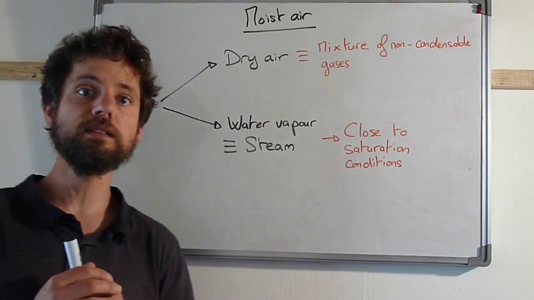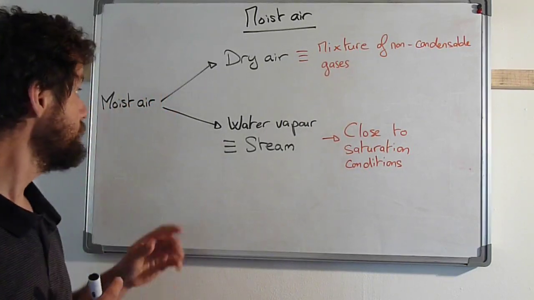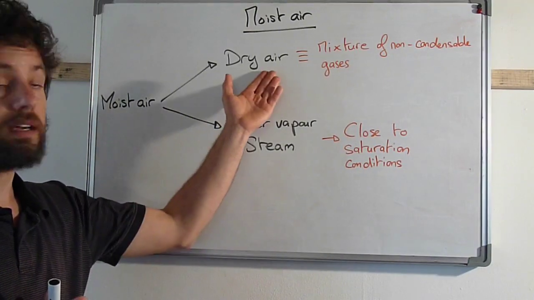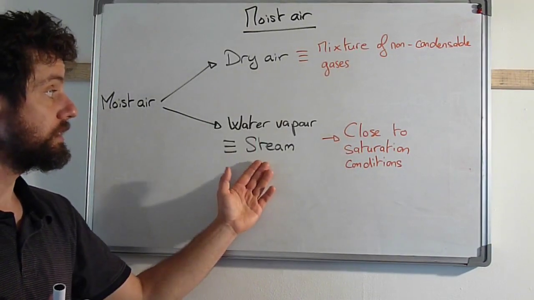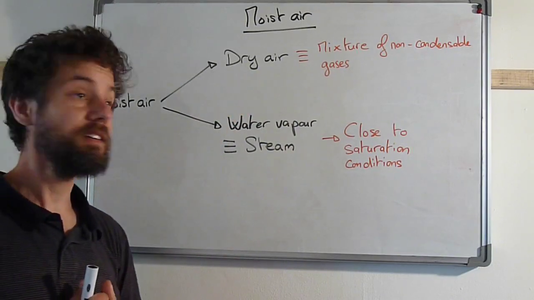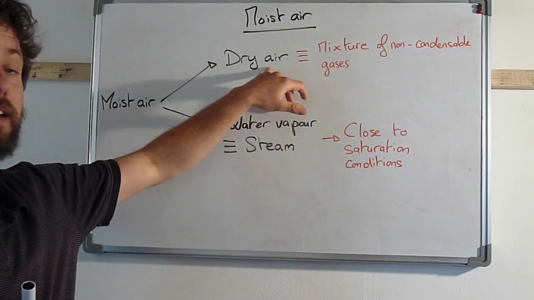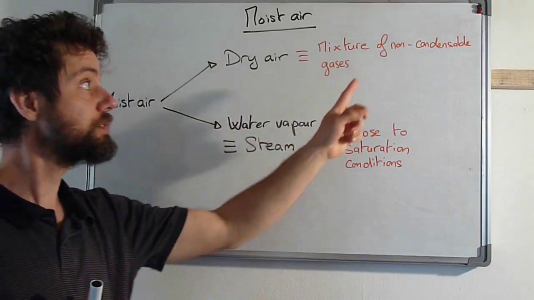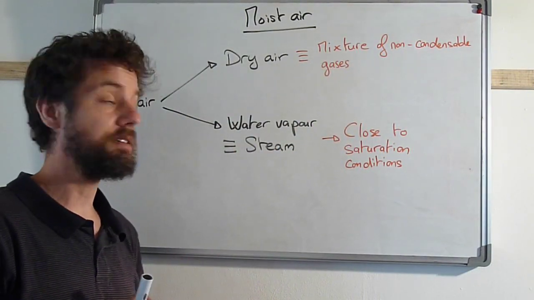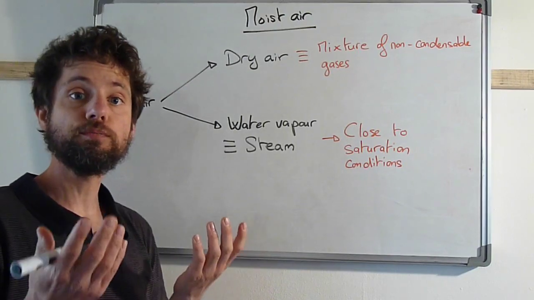First question, what is moist air? By definition, moist air is a mixture of dry air and of water vapor. So dry air, what is it? Dry air itself is also a mixture of many gases, and it's in fixed proportion.